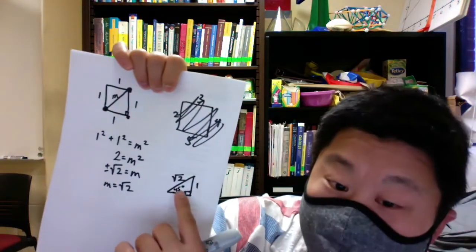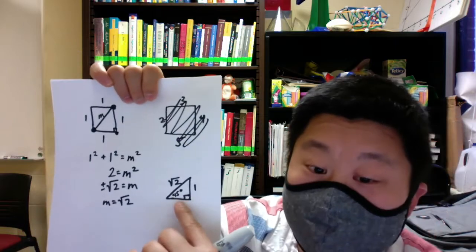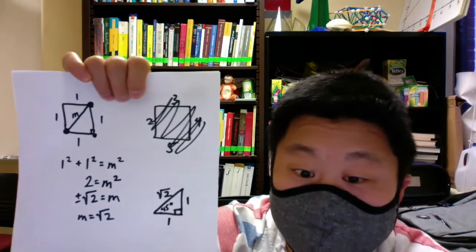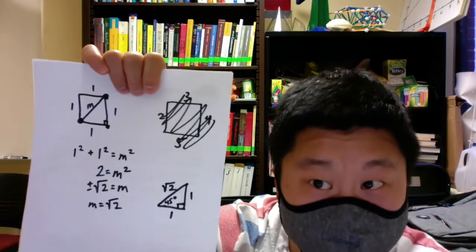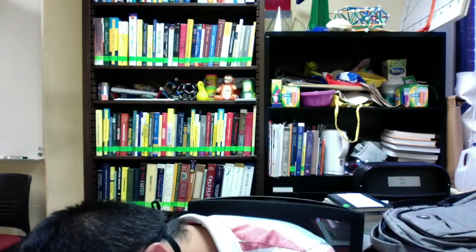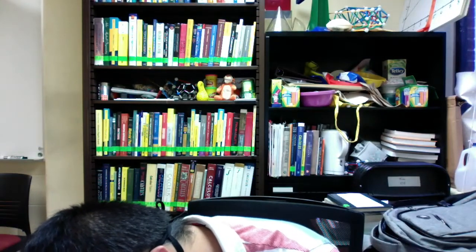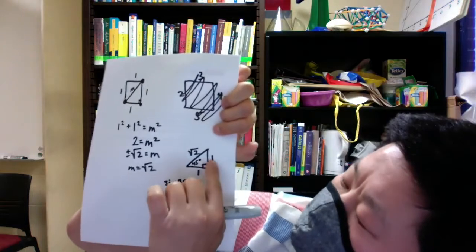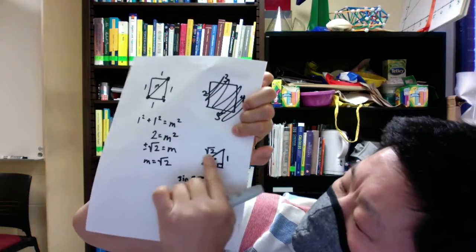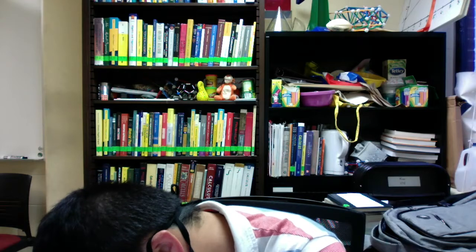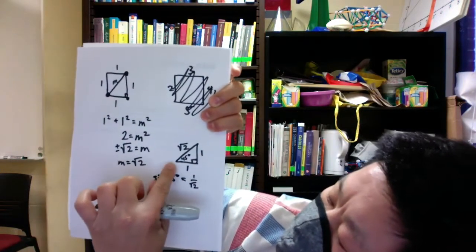And the point is, based on this 45-degree angle, since we know all 3 sides, we can compute sine, cosine, and tangent, right? So sine of 45 degrees is opposite over hypotenuse, so that one over root 2. So 1 over root 2. And then cosine is adjacent.